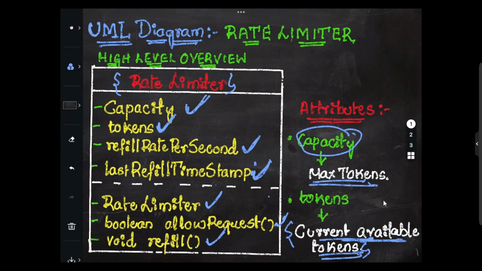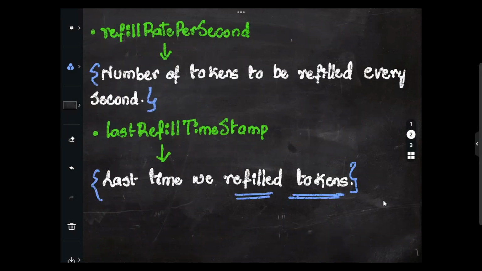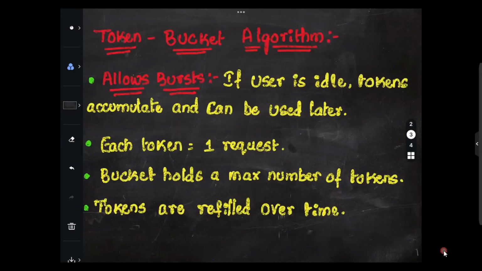The attributes are capacity, tokens, refill rate per second, as well as the last refill timestamp. And the methods are boolean allowRequest, which is of the type boolean, and refill. These are the two methods that we will be going with.